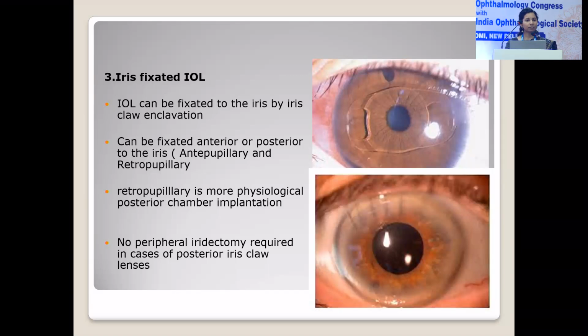The next is iris fixated intraocular lens. These lenses are usually enclavated at the mid-peripheral iris, so pupillary dilatation is usually not hampered. It can be fixed anterior to the iris or posterior to the iris. But we usually prefer the retropupillary approach because its position is more physiological. There is no need of doing a peripheral iridectomy, and the lens is usually away from the cornea, so the chances of corneal decompensation are also very less.